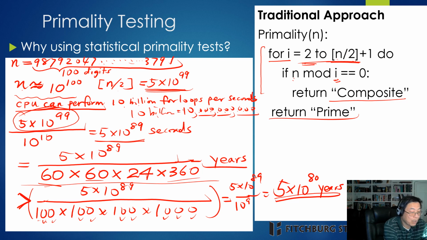Okay, 14 billion is actually 1.4 times 10 to the 10, right? That's 14 billion.